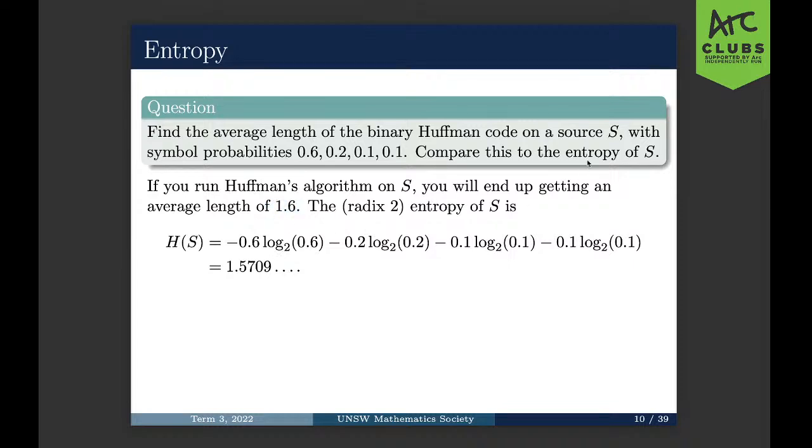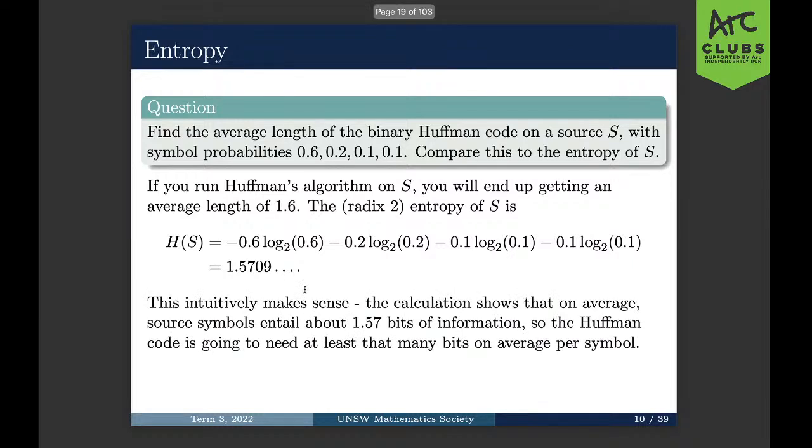And if we calculate the radix 2 entropy, we get this sum over here. This -0.6 log2 0.6 comes from the first symbol probability, minus 0.2 log2 0.2, and so on for each of the probabilities. If you calculate that using your calculator, you get 1.5709... And if you notice, it's slightly smaller than the average length of the Huffman code that we found, right?